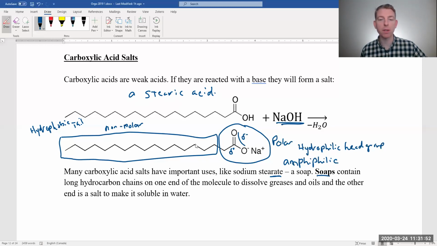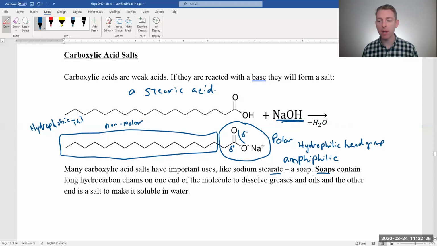Just as a general soap, what you do is take a fat or something with a long carbon chain like that, break it into carboxylic acids or oxidize it to get the carboxylic acid, react it with a strong base, and you end up with this polar head, non-polar tail group, and it's a detergent. The non-polar part will bond to, or at least encase, non-polar objects like grease, something that water wouldn't dissolve, and the watery part dissolves it in water.